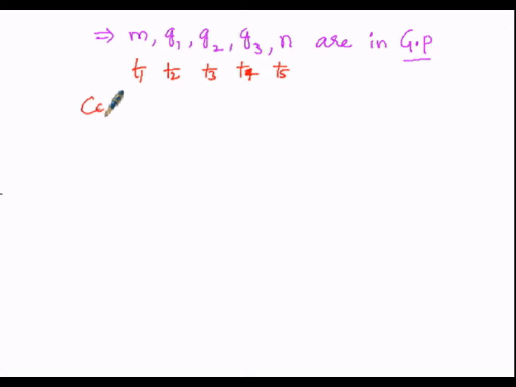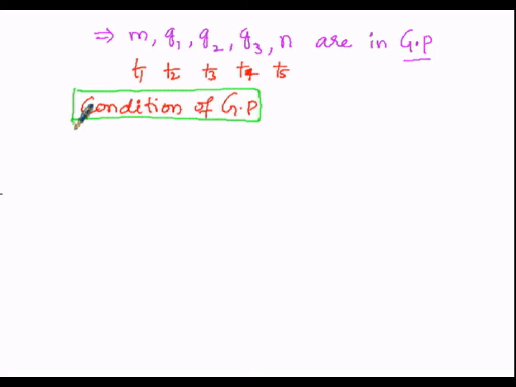So let us write the condition of geometric progression. When three terms A, B, C are in geometric progression, the second term divided by the first term, B by A, equals the third term divided by the second term. Here, when these five terms are in GP, the ratio of the first two terms equals the ratio of the second and third terms, and equals the ratio of the third and fourth terms, and equals the ratio of the fourth and fifth terms.